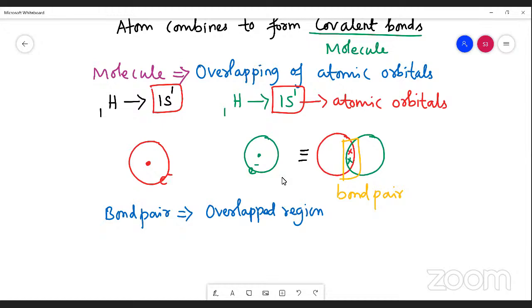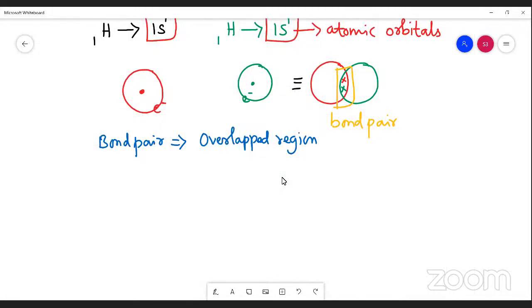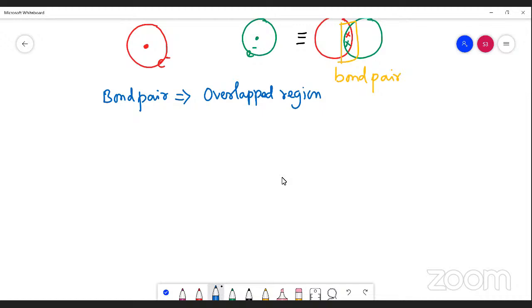Okay, and next we are going to see depending upon the nature of the overlaps, because here mainly the formation of a molecule means you should overlap the atomic orbitals.